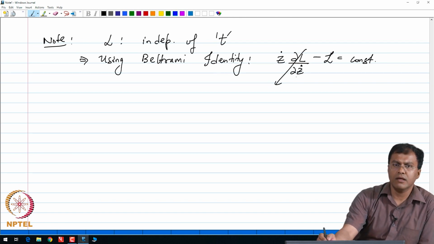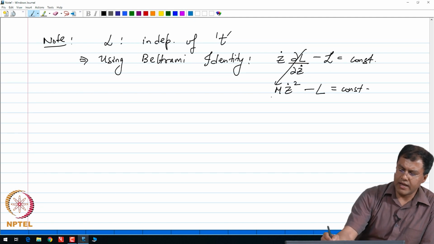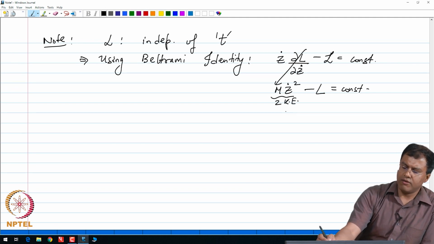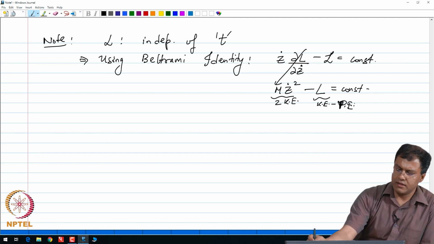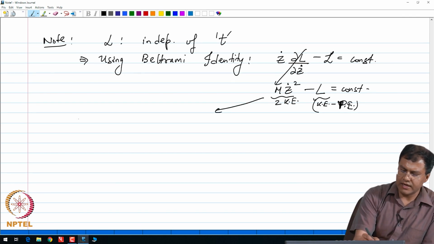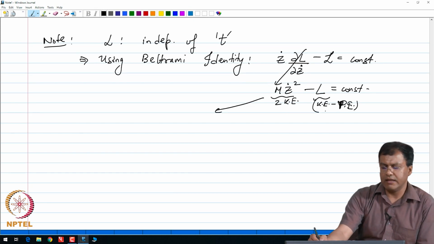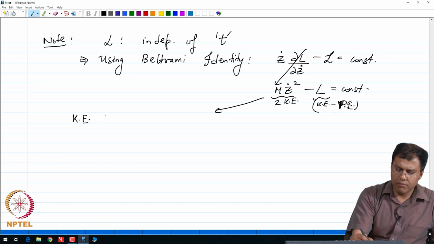Using the Beltrami identity, this particular partial L partial z dot is completely a contribution coming from the kinetic energy, and will give me m z dot square minus L is a constant. Note that this quantity is 2 times the kinetic energy, by definition, and L is kinetic energy minus the potential energy. Rearranging, 2 times kinetic energy minus kinetic energy plus potential energy is a constant.